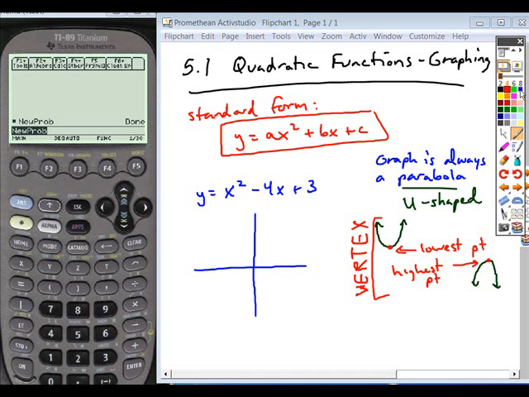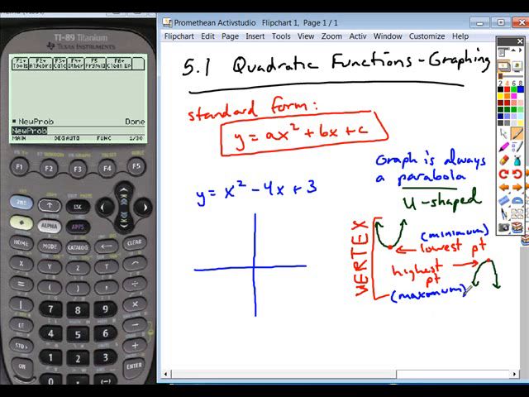And the other way that these might be referred to is the lowest point might be called a minimum or relative minimum, and the highest point would be called a maximum or relative maximum. Okay, and so you'll be asked to identify these different things, so I just want to introduce the terminology.